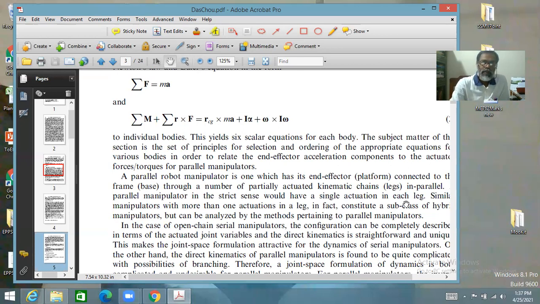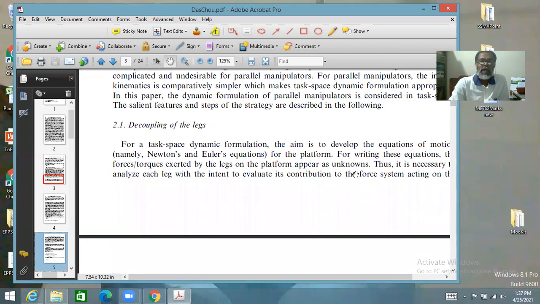As you go about finding the dynamic equations, what you do first, rather than joint space, analysis of parallel manipulators is facilitated if you conduct the analysis in the task space. So first you conduct the kinematic analysis of the end effector point or end effector body.